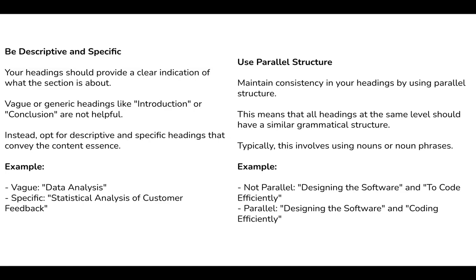But in contrast, if you want to use to code efficiently, you have to change this designing the software to like to design the software or something like that, something that will just make sense upon the first read. Once I read it, I know that okay, this is what I do. So designing the software as the previous heading, coding efficiently will make much more sense.